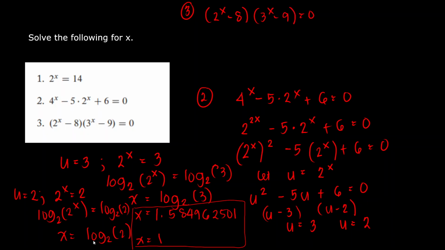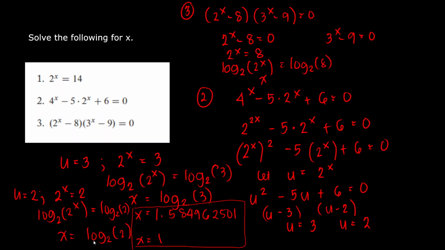For simple factors, we can take it as 2^x minus 8 is equal to 0 and 3^x minus 9 is equal to 0. So 2^x is equal to 8. Logarithm again: logarithm base 2 of 2^x is equal to logarithm base 2 of 8. So x is equal to log base 2 of 8, which is equivalent to 3. So x is equal to 3.